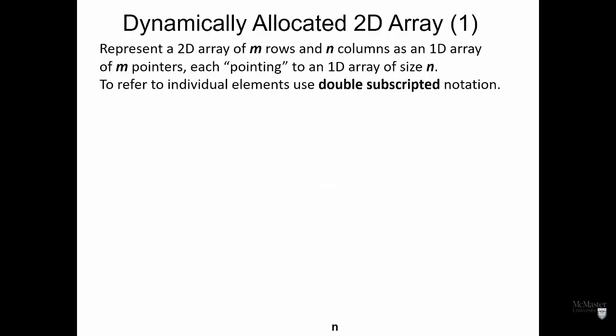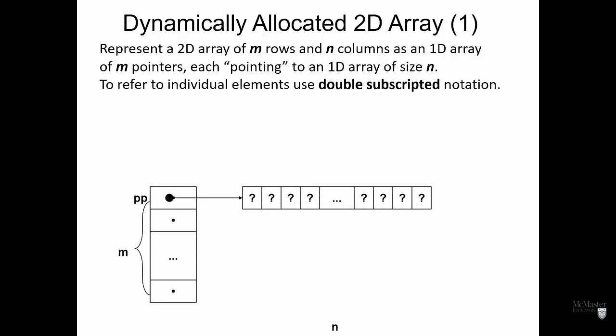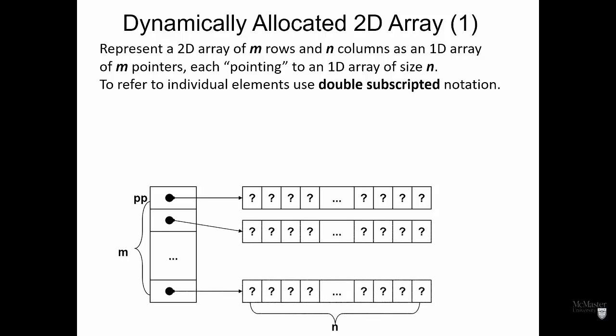We discussed allocating memory last time using dynamic memory allocation. What if I would like to dynamically allocate a 2D array? Something similar to the example we covered: you have an array of pointers, each one of them pointing to another memory location. And I can access this using BB[i][j], similar to the example we had.